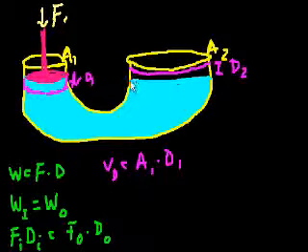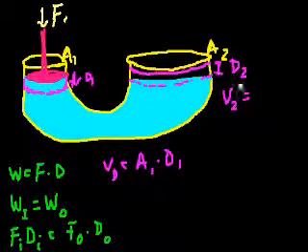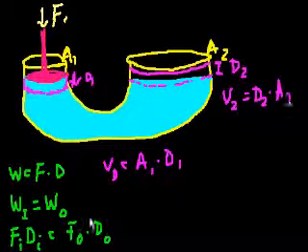And so, what's the change in volume? How much volume did you push up here? Well, this volume here is going to be the distance 2 times this larger area. So we could say volume 2 is equal to distance 2 times this larger area.